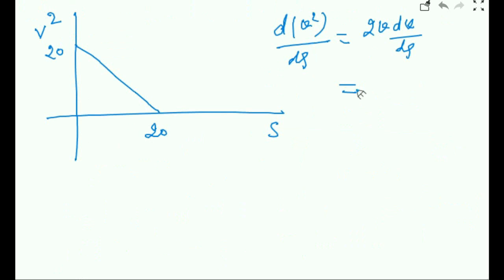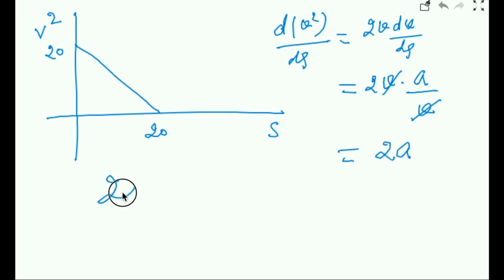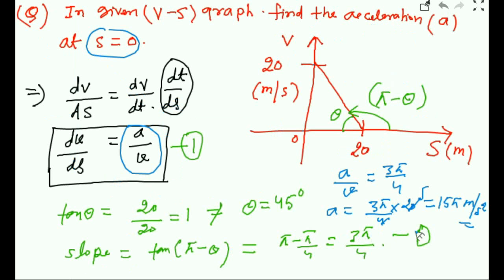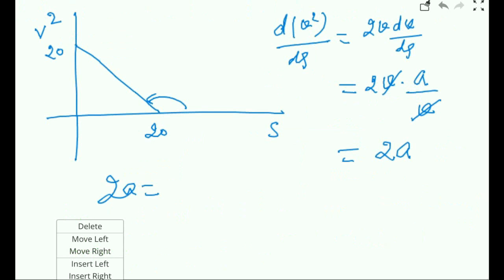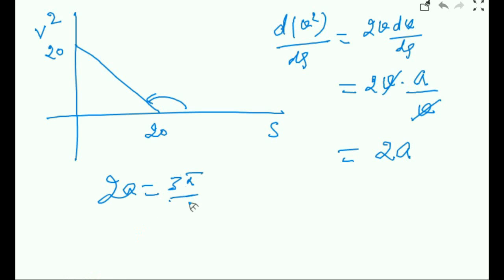So here you can put 2v into a by v. So v cancels, this equals 2a. Now you can equate 2a with whatever value we get from here, like there was 3 pi by 4. So you can put here 3 pi by 4. So a will give here 3 pi by 8 meter per second square.